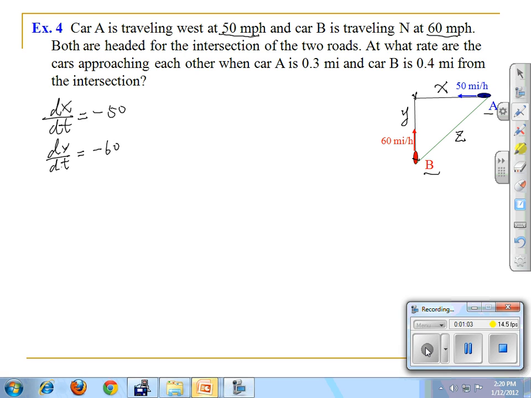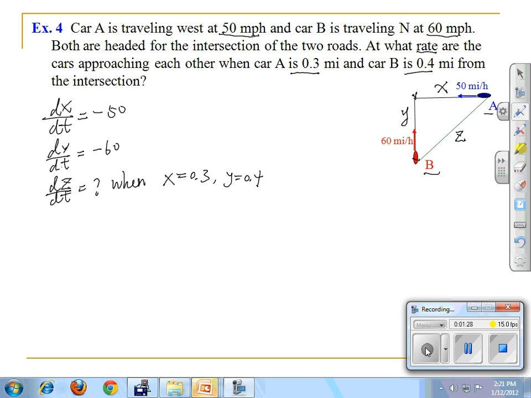And what you're looking for is the rate of the distance between A and B, so you're looking for dz over dt. That's the thing you're looking for at the moment when x is 0.3 and y is 0.4. So at that moment, the rate of z.